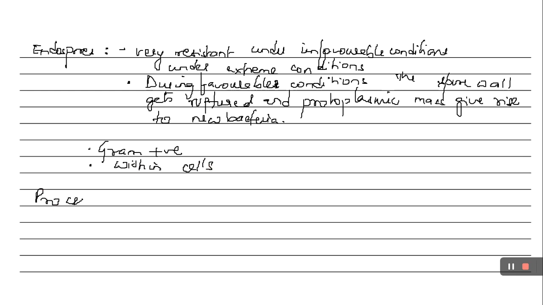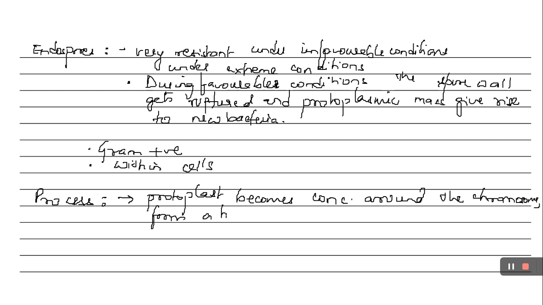The protoplast becomes concentrated around the chromosome and forms a hard resistant wall around it, and the rest of the bacterial cell degenerates.